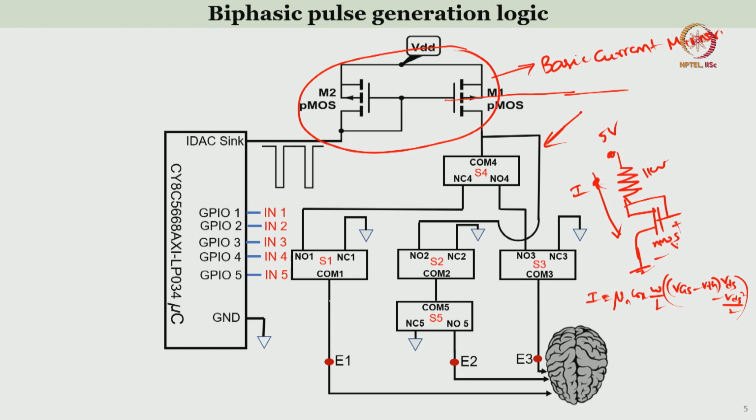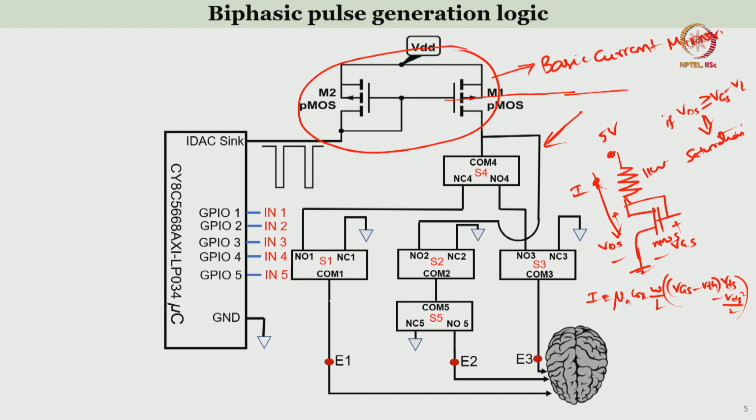This is your VGS, right, this is your VDS, and we also know that if VDS is greater than or equal to VGS minus VT, then this transistor will be in saturation, right.